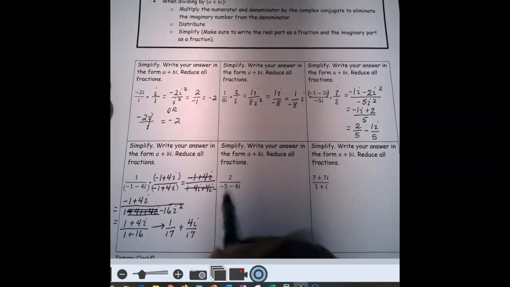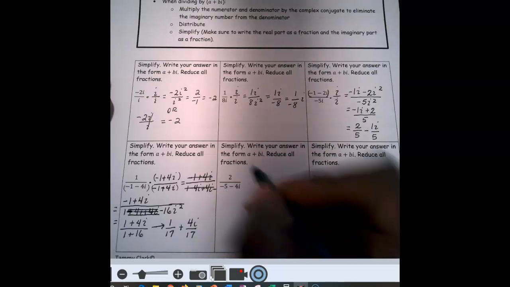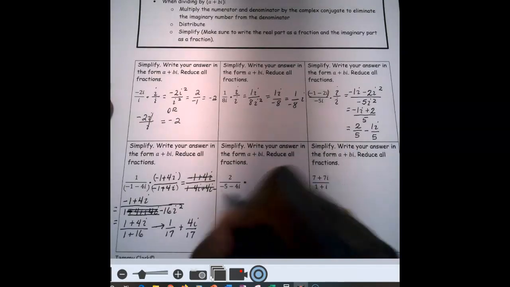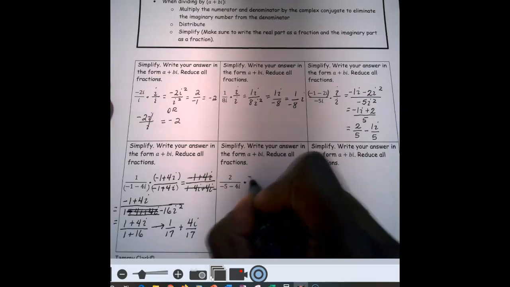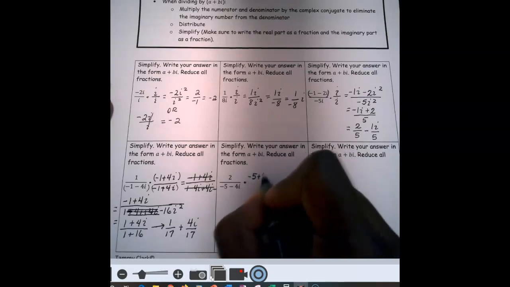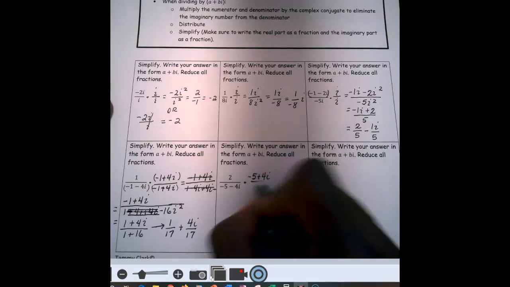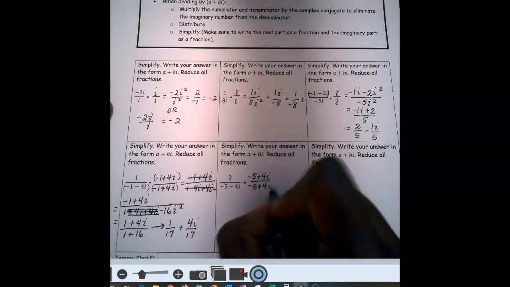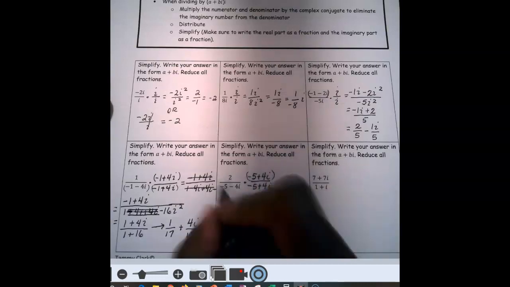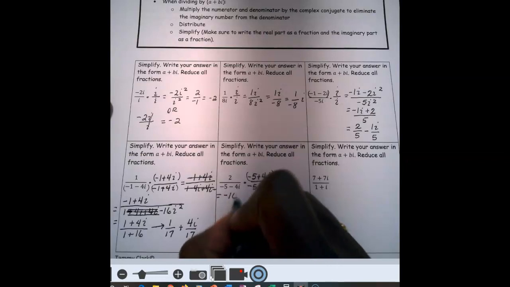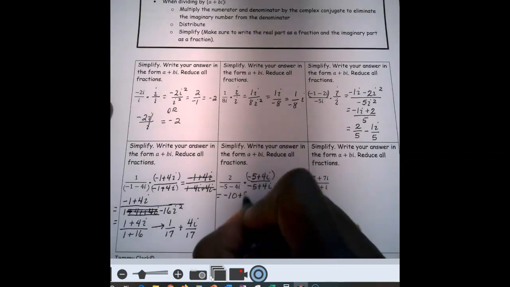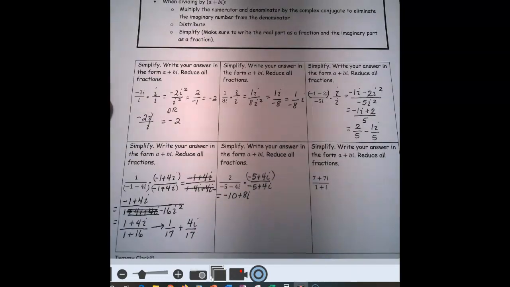We've got 2 divided by negative 5 minus 4i, and we're going to multiply by the conjugate of this, so it's negative 5 plus 4i divided by negative 5 plus 4i. I know I'm going to have to distribute here. So this gives me negative 10 plus 8i in the numerator.